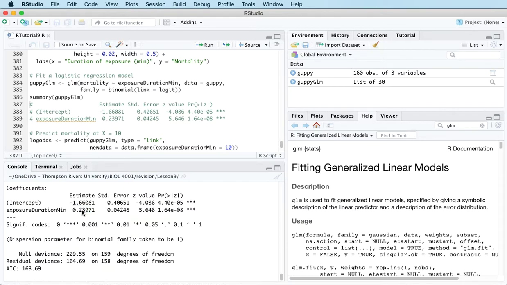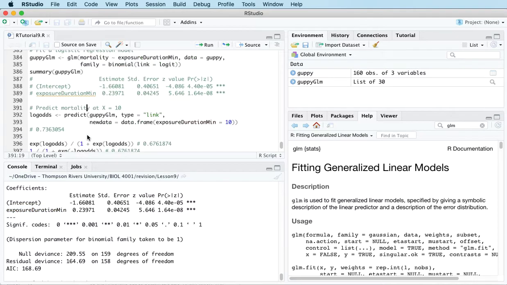So we're going to think of this as the regression parameter that multiplies the predictor variable. And then we can put these two estimates into the fitted logistic regression equation, and that enables us to make predictions.